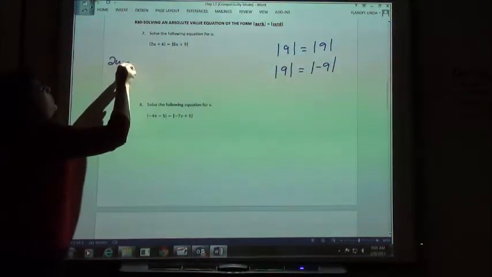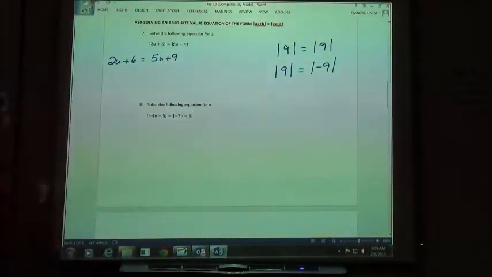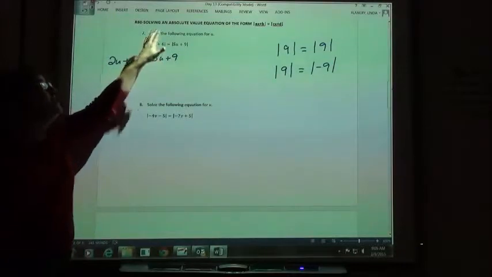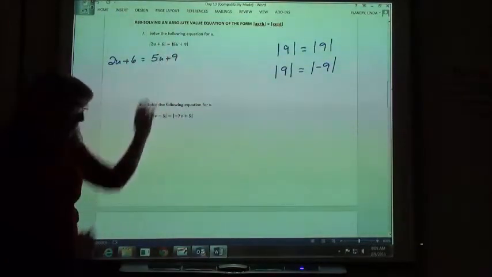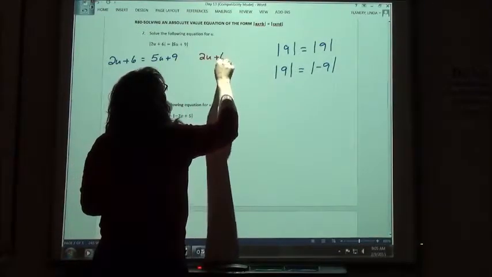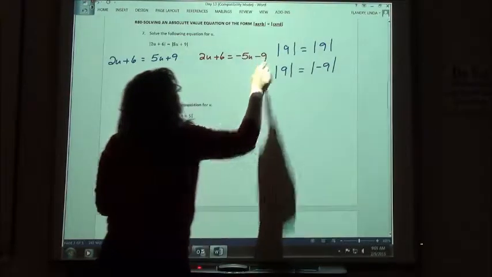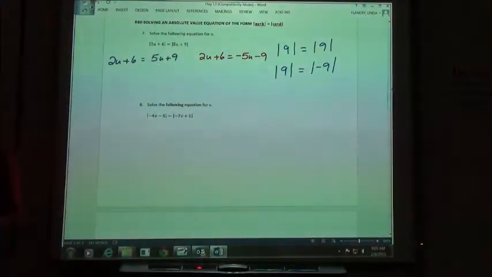The 2u plus 6 equals the 5u plus 9. For the second case, they're going to leave one of them alone and do the opposite of the other one. So they're going to say 2u plus 6 could equal negative 5u minus 9. Notice I changed both of those signs.